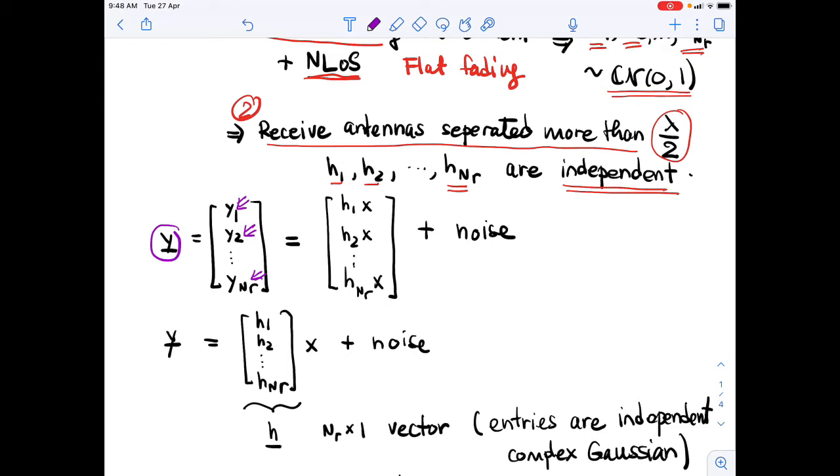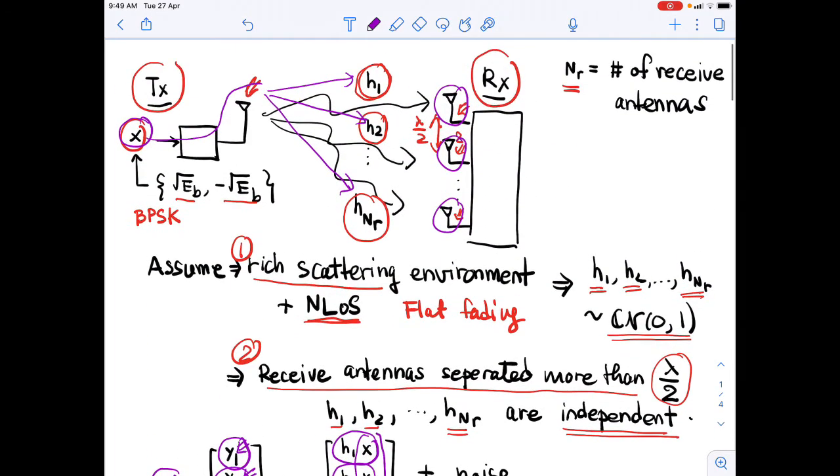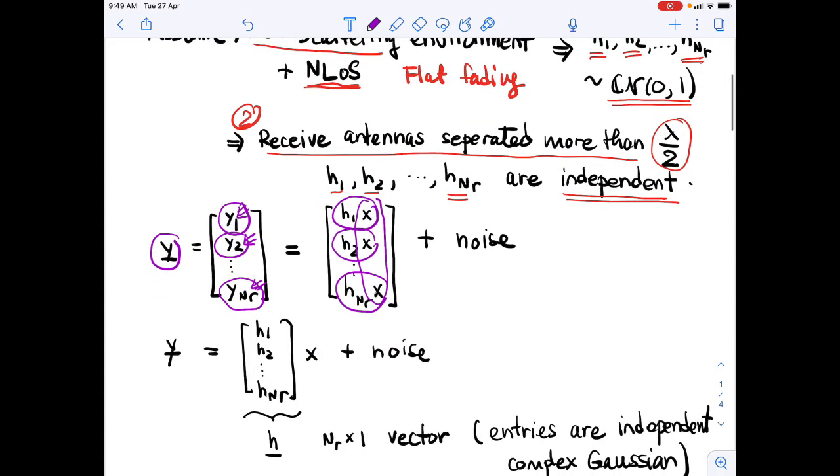So y1 is equal to h1 multiplied by x, y2 is equal to h2 multiplied by x, to the last receive symbol, which is yNR, is hNR multiplied by x. So you see that we are sending the same transmitted symbol from one single transmit antenna.